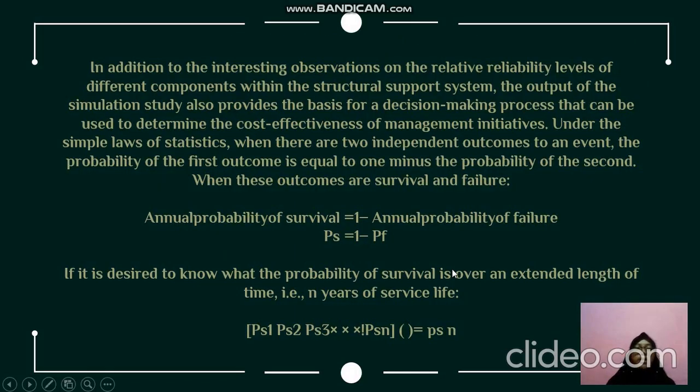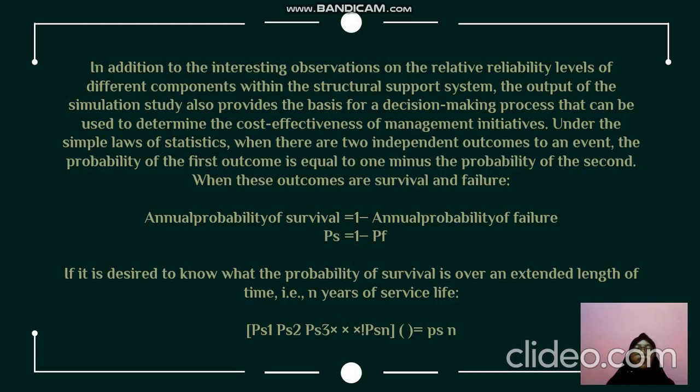Then next, in addition to the interesting observation on the relative reliability level of different components within the structural support system, the output of the simulation study also provides the basis for a decision-making process that can be used to determine the effectiveness of management initiatives under the simple laws of statistics.